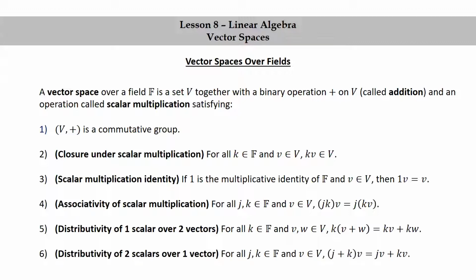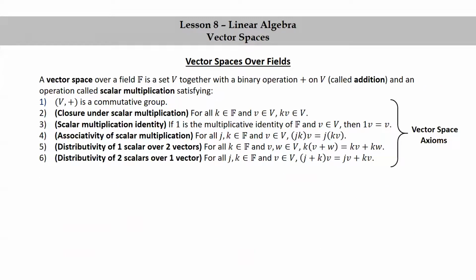And finally, we have distributivity of two scalars over one vector. For all j, k in F and v in V, (j plus k) times v is equal to jv plus kv. These six properties together are known as the vector space axioms.